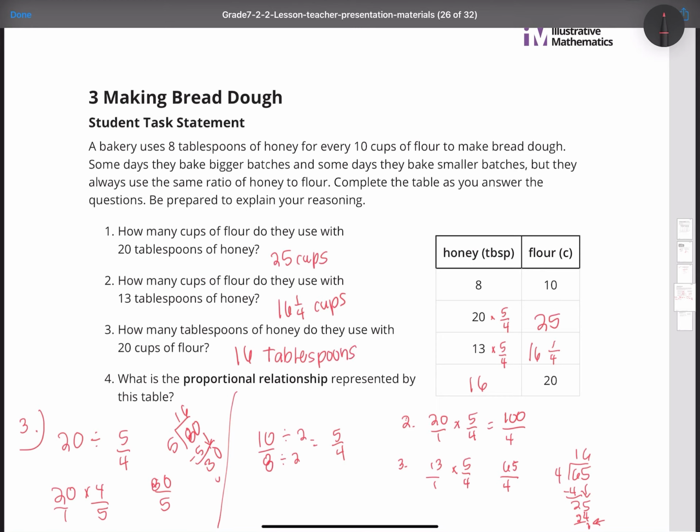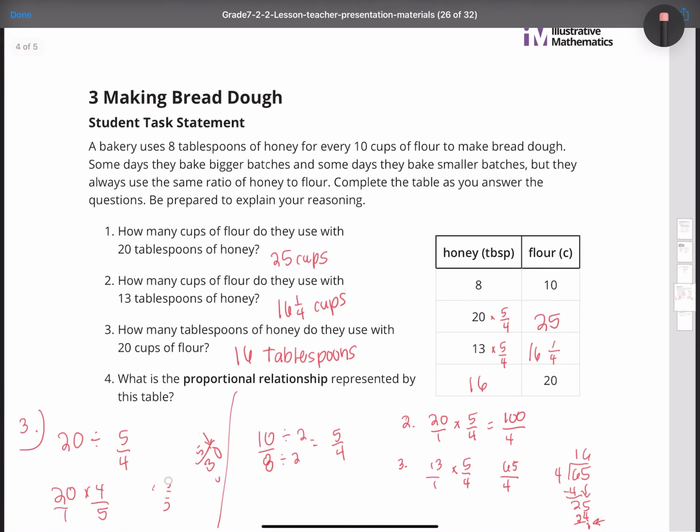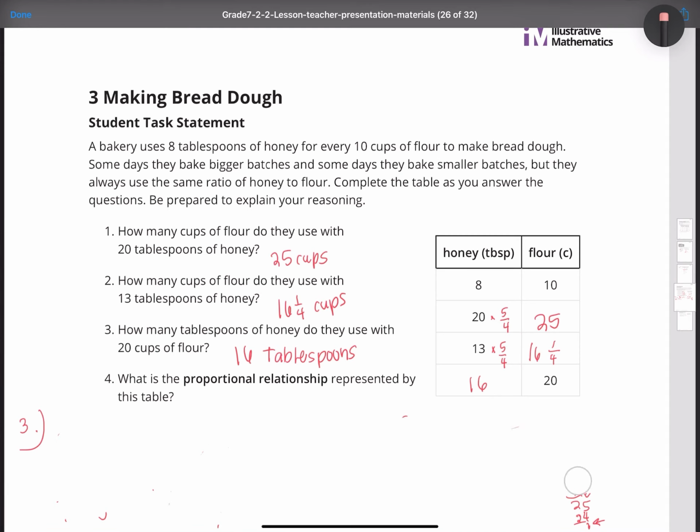And then they asked, what is the proportional relationship represented by this table? The proportional relationship represented in this table is the relationship between the honey and the flour. If you want to, you could write the ratio down, so I'm trying to erase all my work so I can write a sentence that you guys can read.